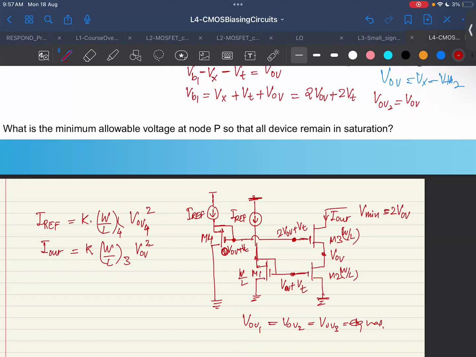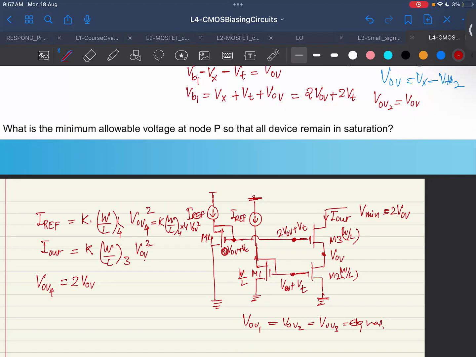So then in that case, what do you see? Here, what do I want to have? I want my VOV4 to be twice this VOV, right? That is what I want. If I want this at twice, then this would become K W by L4 into 4 times VOV square, right? But I want these two currents to be the same.